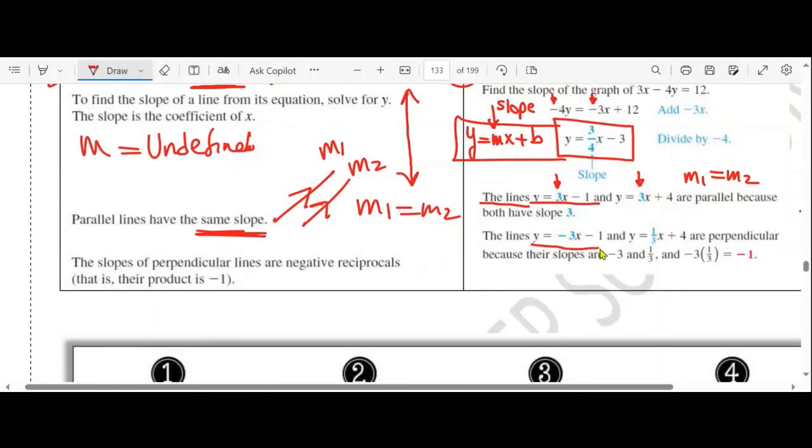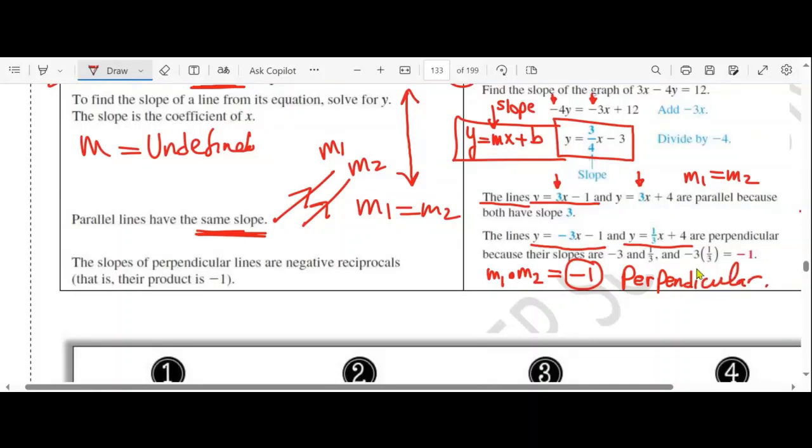Take a look at this line and take a look at this line. Two lines, different lines. If you multiply the slope of the first line times the slope of the second line and the result is -1, then the lines are what? Yes, perpendicular.